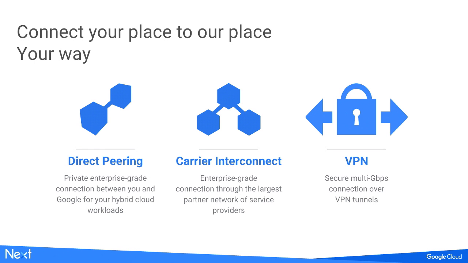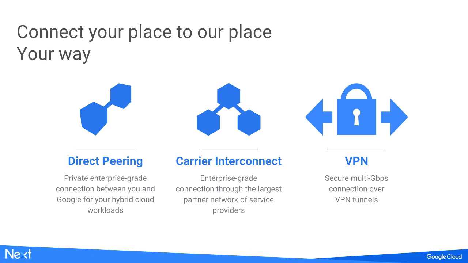So today, there are a number of ways to connect to this infrastructure. The first one is what we call direct peering. This is where you have a public ASN, and you're connecting to our infrastructure at one of our points of presence. I'll go into where our points of presence are in just a second. This is public peering. When you do that, you get all of Google's routing table, and you expose your routing table to us.